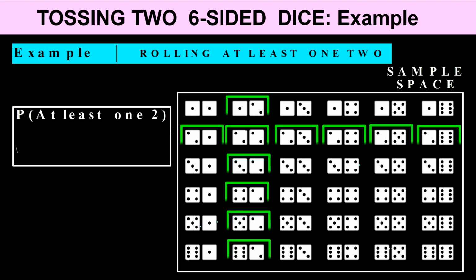Those are the cases where I've got a 2. I even have a case where I have another 2, that's 2, 2. Okay, those are all the 2s. So how many are there altogether? We count them, we see it's exactly 11. So the probability is 11 over the total number of outcomes, 36.